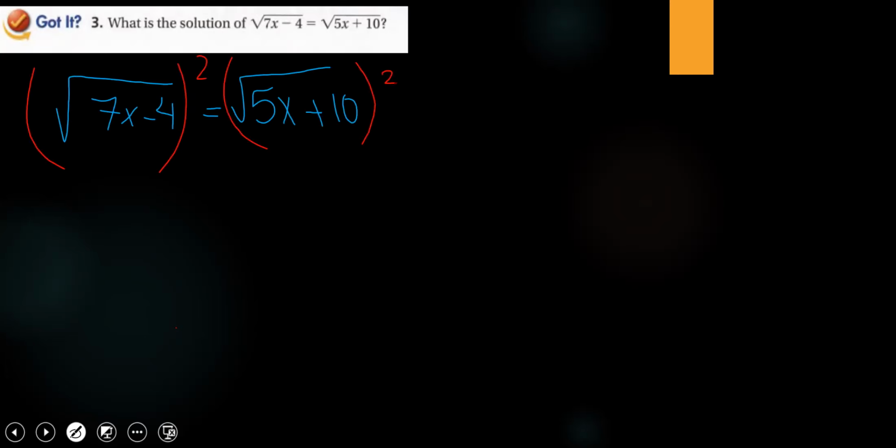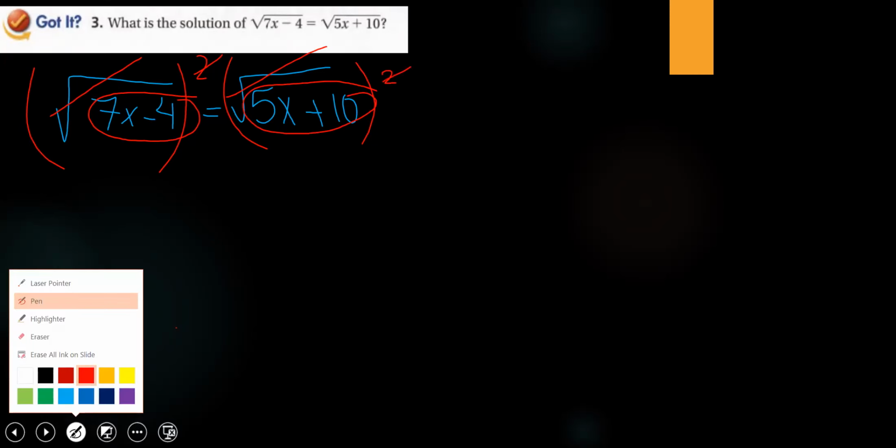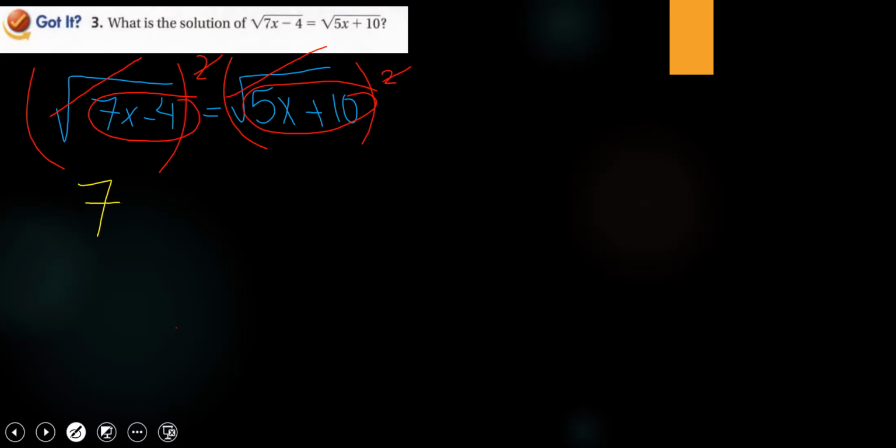Then the square cancels the square root. So we have only 7x minus 4, and here it cancels the square root, so I have only 5x plus 10. So 7x minus 4 equals 5x plus 10.